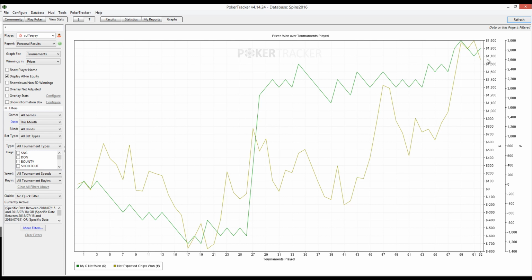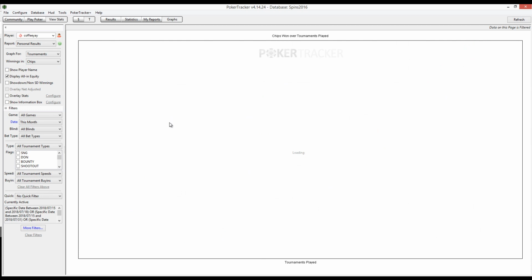Again, this graph is not telling you $1,650 of chip EV. It's telling you 2,600 chips in chip EV. So again, easy source of confusion. So just avoid it by using chip mode. And again, configure your graph to not show these numbers.